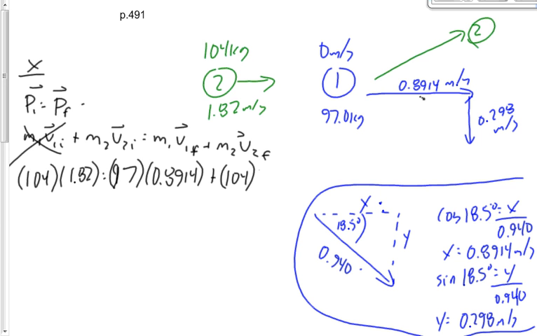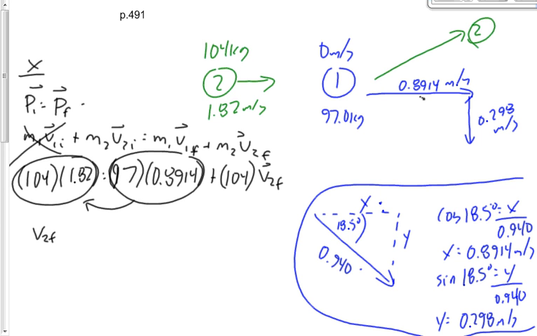We don't know what its x component is. So get this number, take this over by subtracting, and then divide it by 104, and we should get the value of V2F. Someone's got to have that for me. 0.989. Anybody agree with that? Okay, thank you. All right, good.